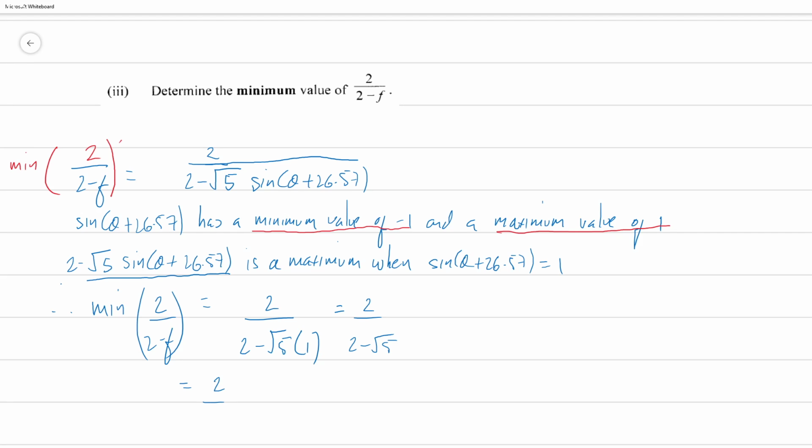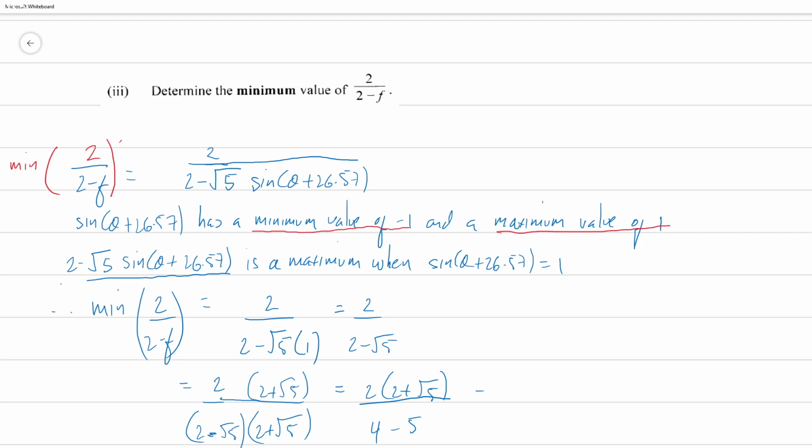So you could have 2 over 2 minus root 5, times 2 plus root 5 over 2 plus root 5. So I multiplied top and bottom by 2 plus root 5. Of course, that's just like multiplying by 1. And I did this to get rid of the root 5, or to get rid of this surd in my denominator. So I'll be left with 2 into 2 plus root 5 all over, this would be 4 minus 5.